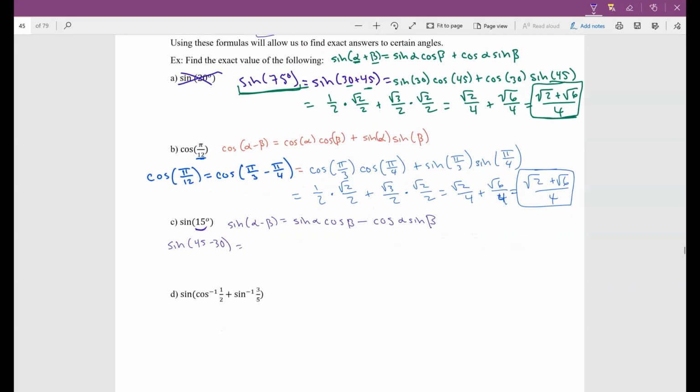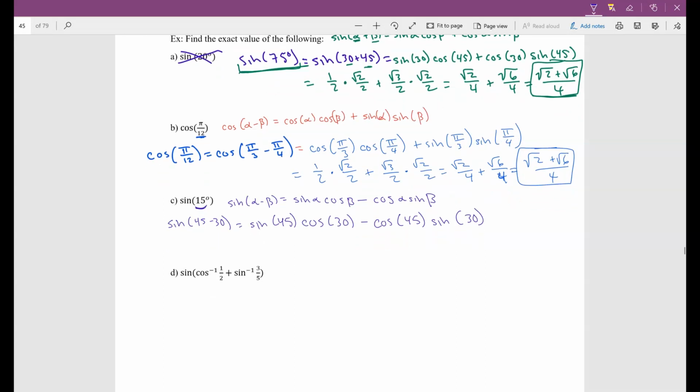So we're going to take the sine of 45 degrees, then the cosine of 30 degrees, minus the cosine of 45 degrees and the sine of 30 degrees.